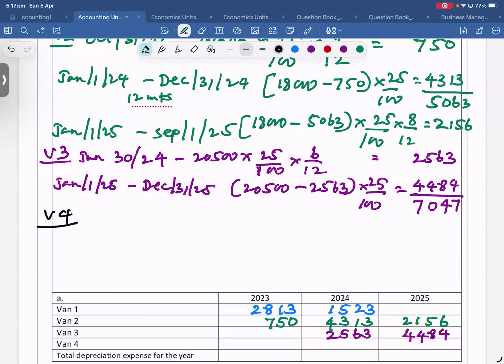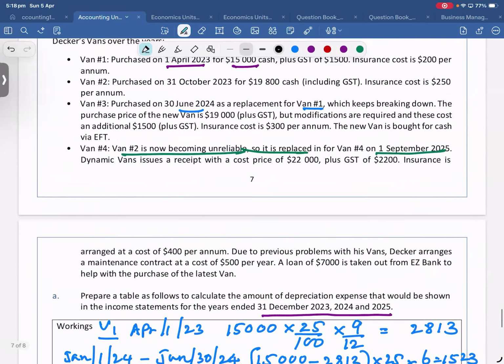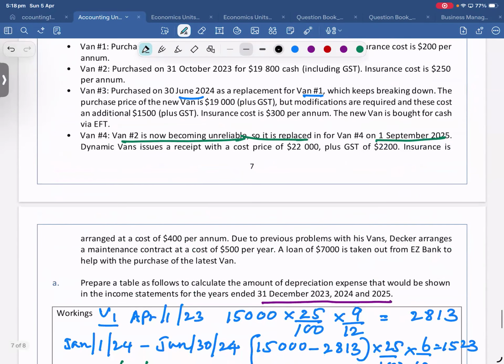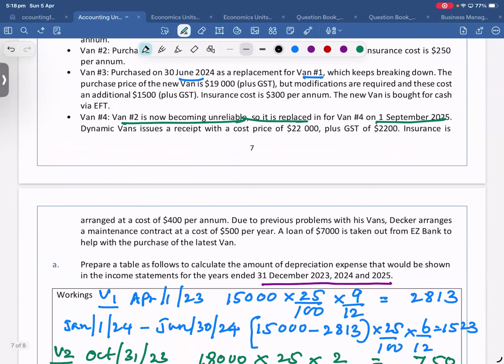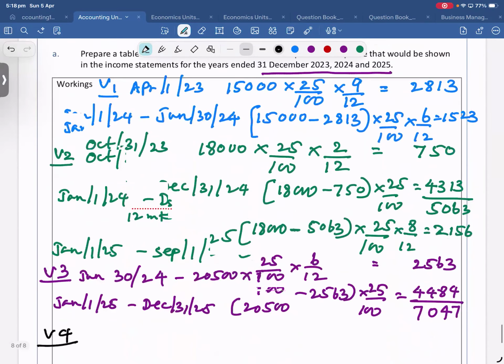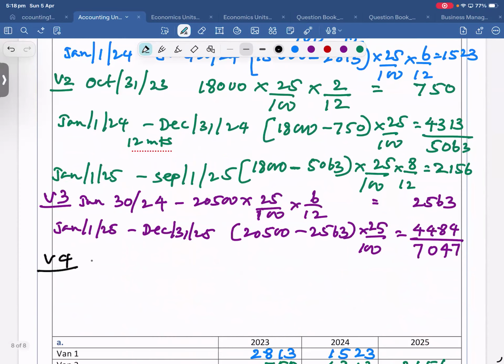What's van 4, guys? When was it purchased? 1st September 25. How much is the cost? 22,000. So 22,000 times by 25% times by 4 months, 4 over 12, which is 1833.